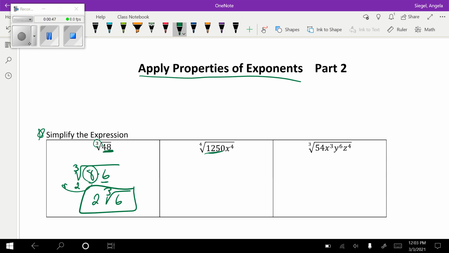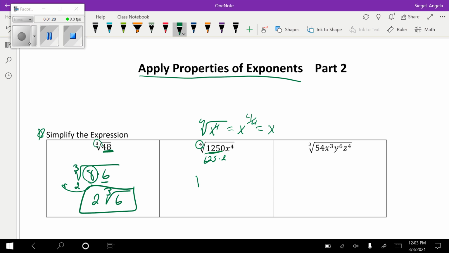So I'm going to do the same thing with this. So let's think about perfect fourths. So 625 times 2 is a perfect fourth. And then remember, let's take this apart. The fourth root of x to the fourth is the same thing as saying x to the 4 over 4 power. So when I take the fourth root of that, it just comes out as x to the first, or just x.